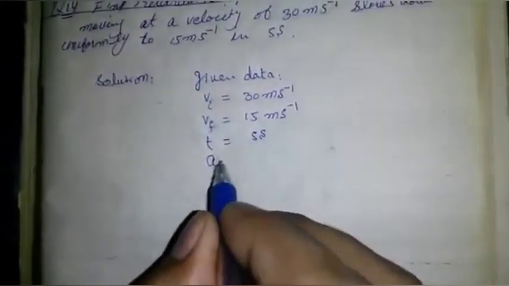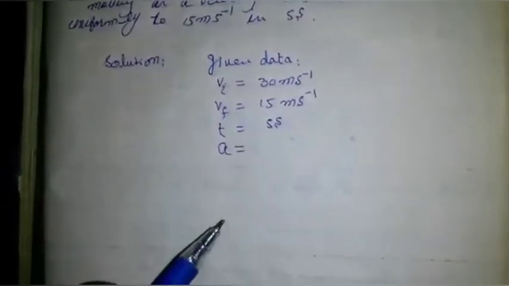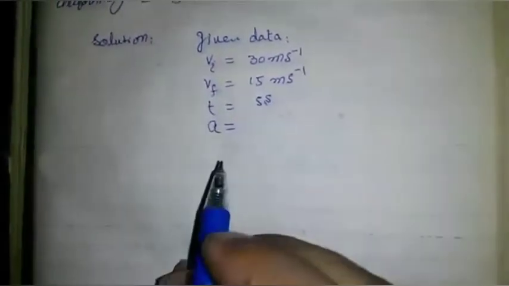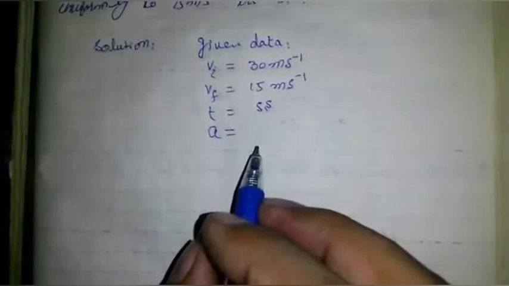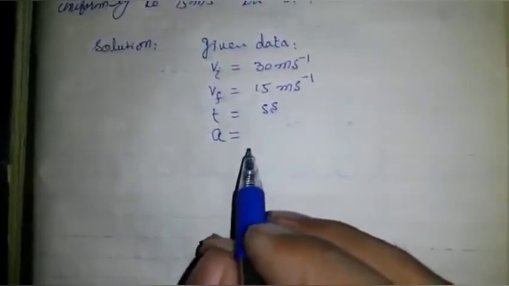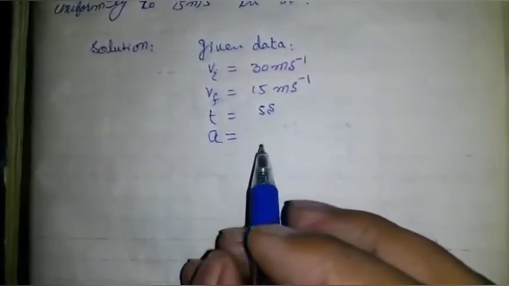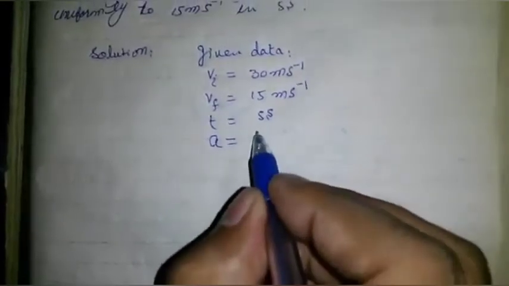We have to find a, or retardation. a means acceleration or retardation. When the velocity of a body slows down, then its acceleration is called retardation.